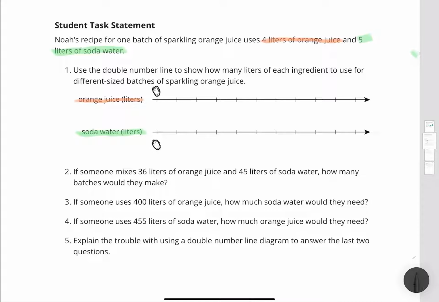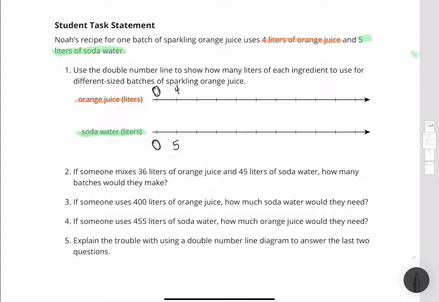Then the next tick mark, I want to represent one batch of the sparkling orange juice. So I need to reference back to that statement to find the ratio, which is for every 4 liters of orange juice, you need 5 liters of soda water.